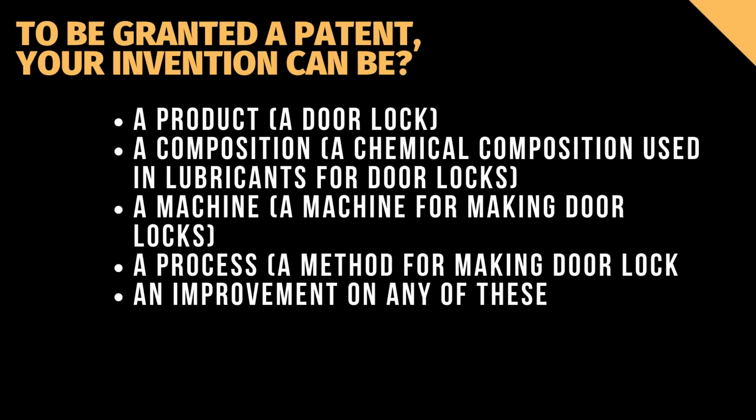To be granted a patent, your invention can be a product, a door lock; a composition, a chemical composition used in lubricants for door locks; a machine for making door locks; a process, a method for making door locks; an improvement on any of these.